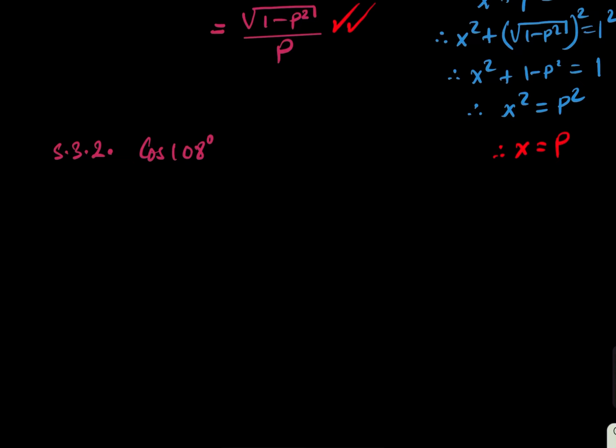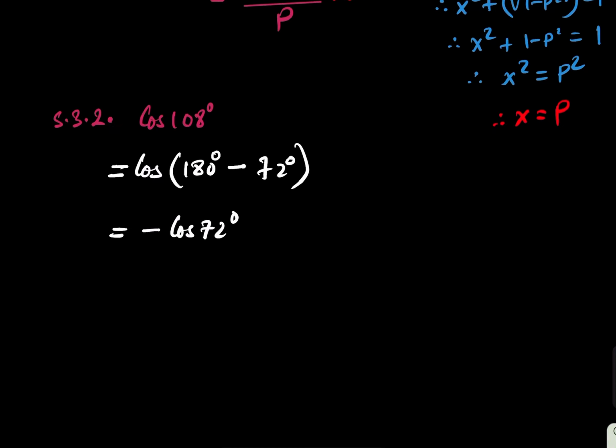So you can reapply the reduction: this equals the cos of 180 degrees minus 72 degrees, because that is in the second quadrant. Because cos is negative in the second quadrant, we are going to have a negative of cos of 72 degrees.